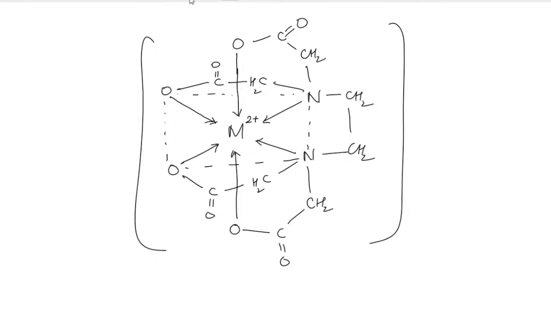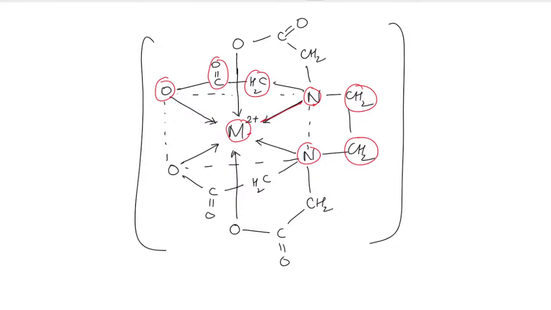So see, there are 5-membered rings. 1, 2, 3, 4 and 5. A 5-membered ring is formed. Now come to this. 1, 2, 3, 4, 5.